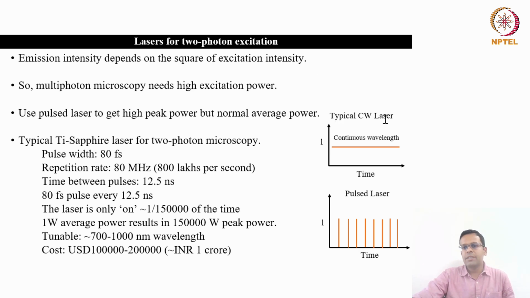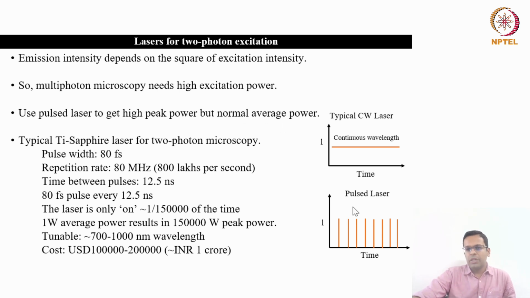Our regular lasers are known as continuous wave lasers. This is a typical continuous wave laser that we generally use for confocal or TIRF microscopy, in which the same wavelength is continuously emitted from the laser. But for two photon microscopy, you need a pulsed laser to get high power but normal average power.